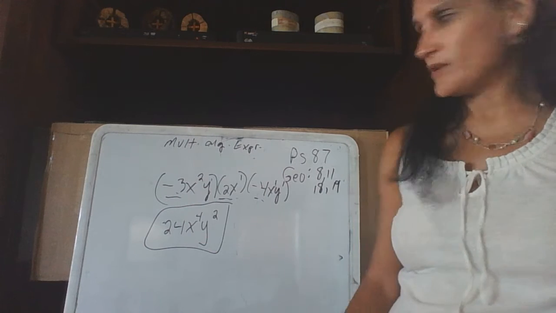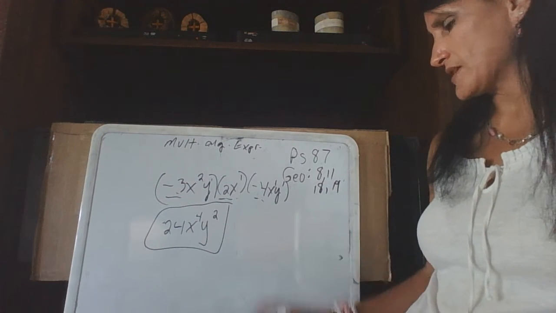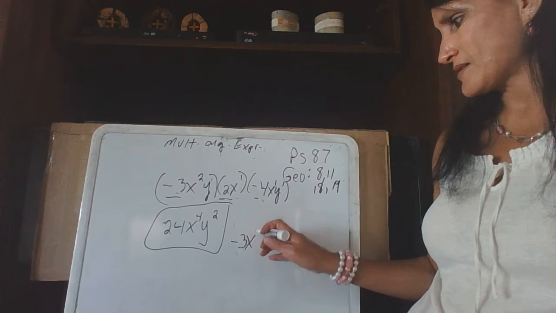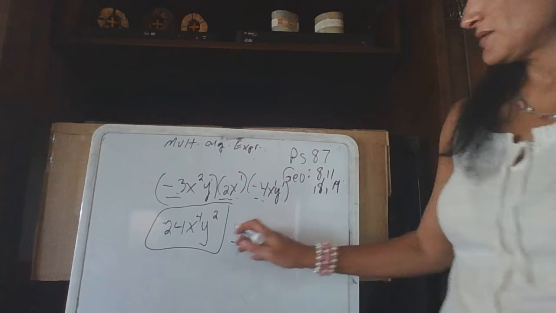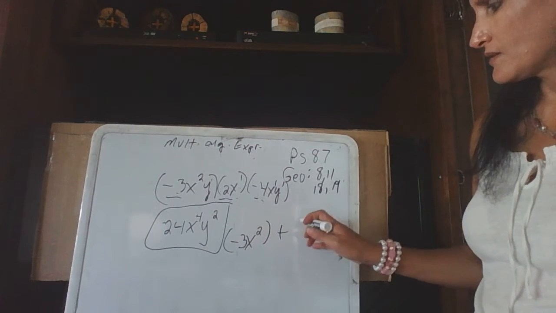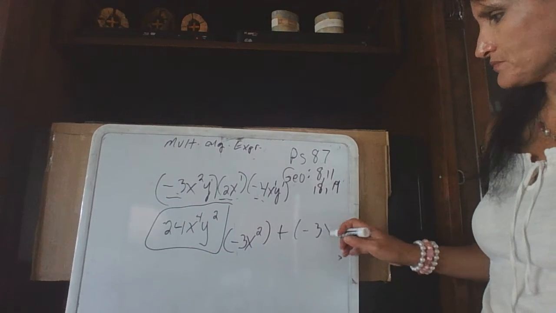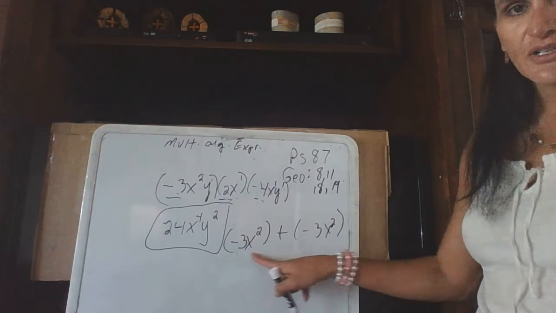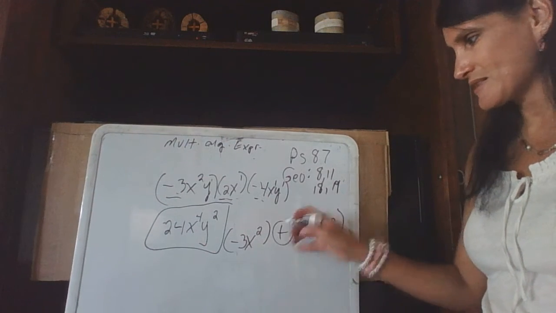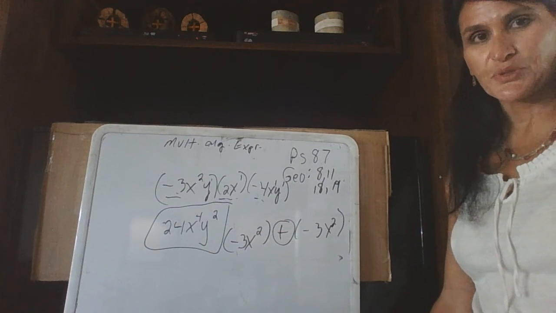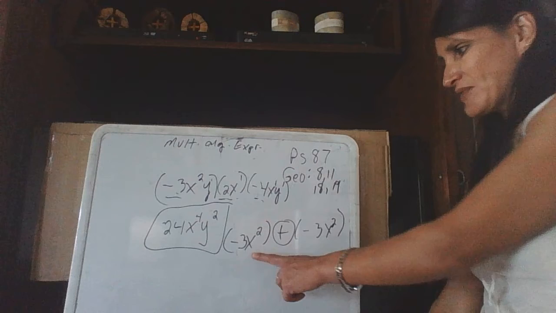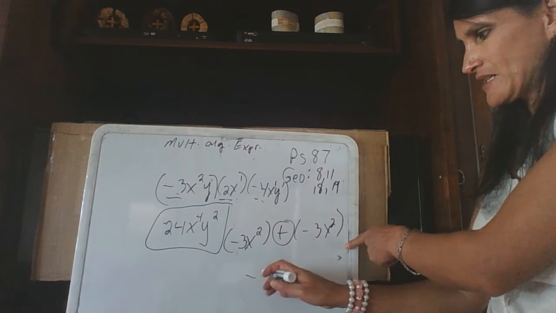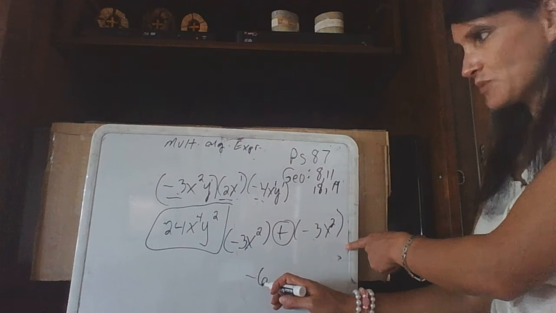Before I have you go to example 2, I'm going to say, if you see a problem like this, okay? This is no longer multiplication because of the plus in the middle, okay? Those are no longer being multiplied. So now you have to add the coefficient. So negative 3 and negative 3 is negative 6. Notice I didn't multiply.